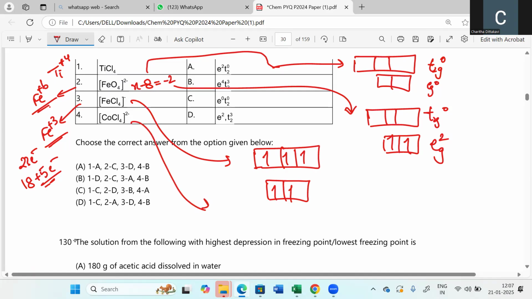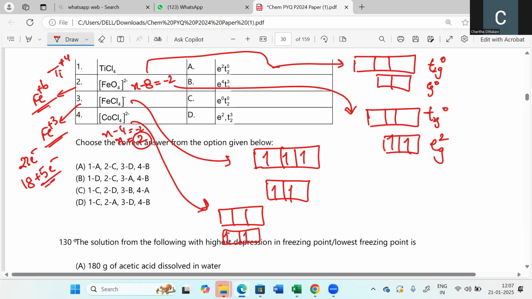Next, for cobalt, this is -4 is equal to -2. So x is equal to -4 to the right side, 4 - 2, 2. Cobalt 2 plus. So cobalt 2 plus means how many electrons? You are going to get 7 electrons totally, right? So 7 electrons.